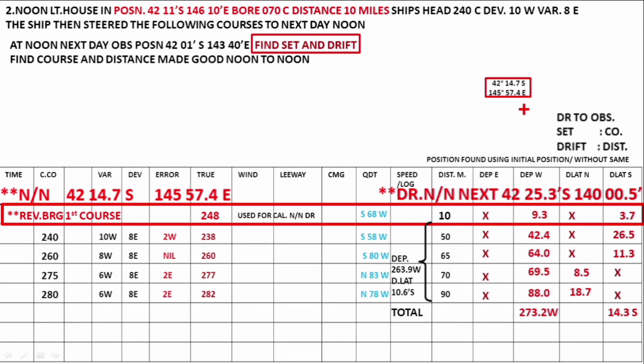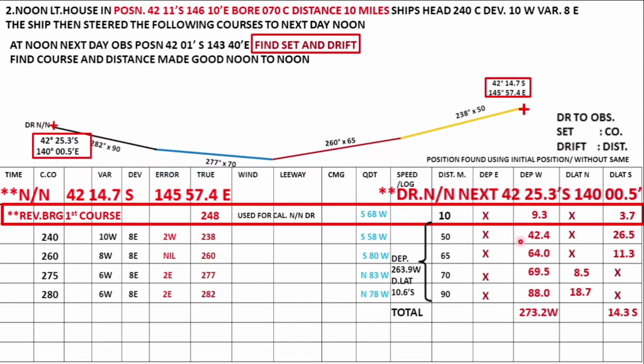So here the set and drift is from DR to observed. The course from DR to observed is the set, and the distance between DR and observed is the drift.